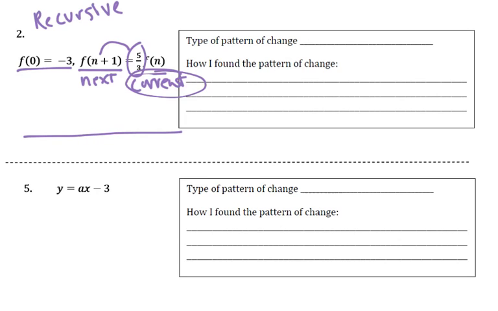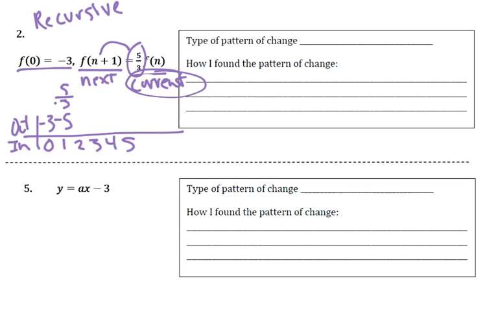It may be a good idea to make a table. Here's your input, here's your output, just to get an idea of what's happening. If we look at this, we're multiplying by 5/3. If we multiply -3 by 5/3, we get -5.